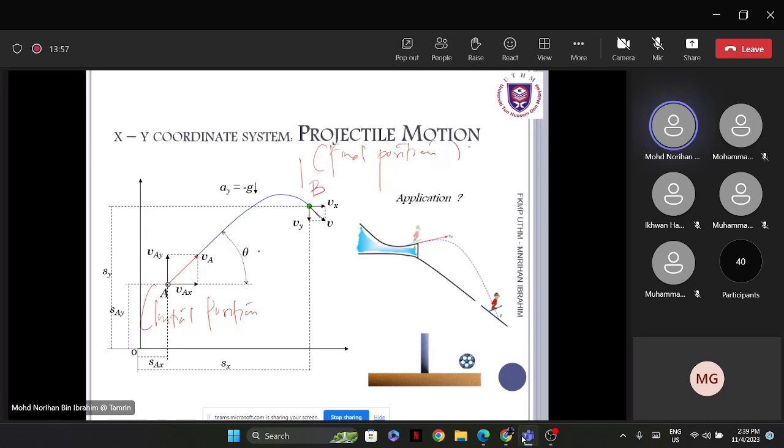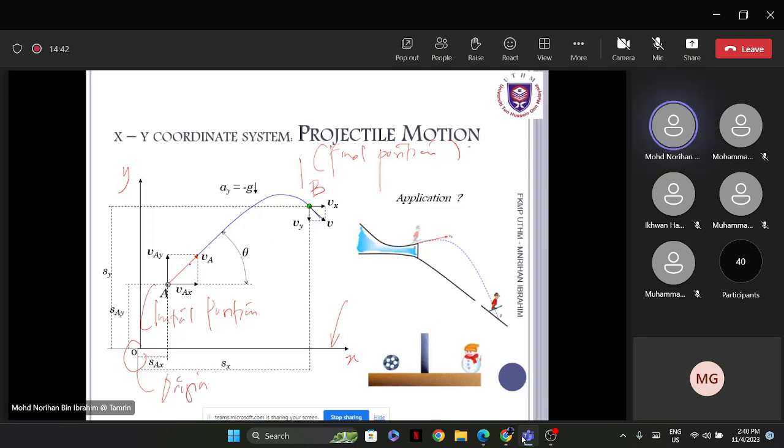When we want to apply this projectile motion, we need to establish the x, the horizontal direction or horizontal axis, and also y. Since we are applying the x-y coordinate system in analyzing the motion of this kind of particle based on projectile motion, we need to establish x and y, and identify the origin O.